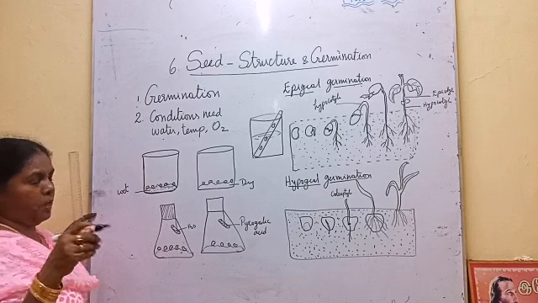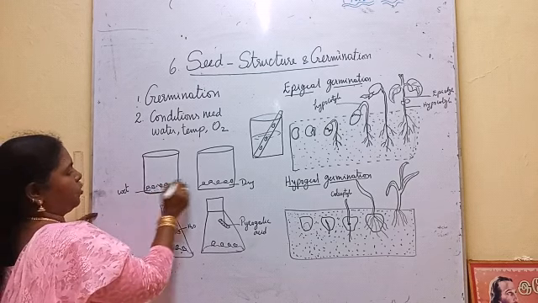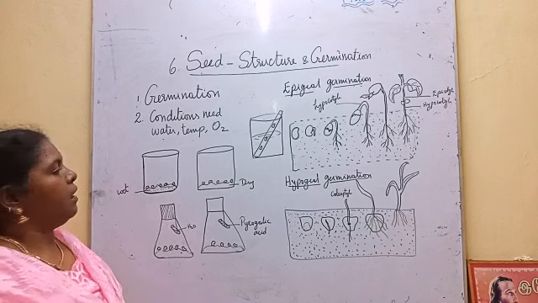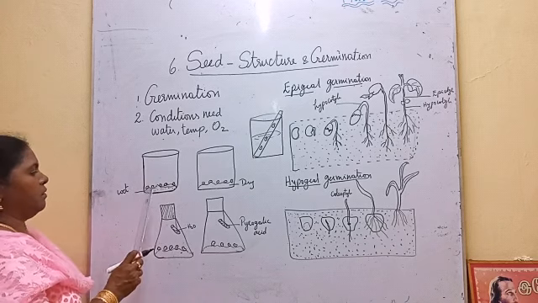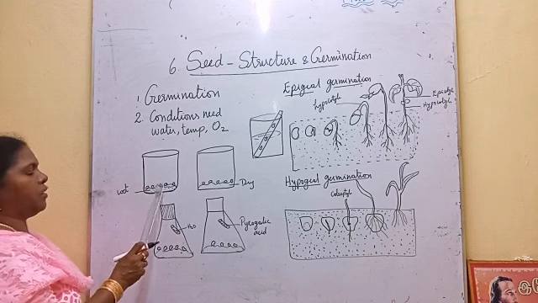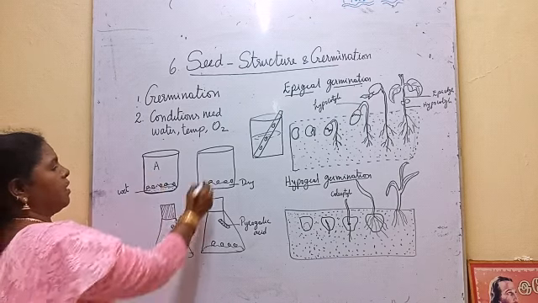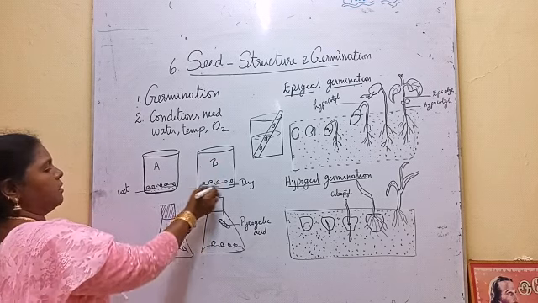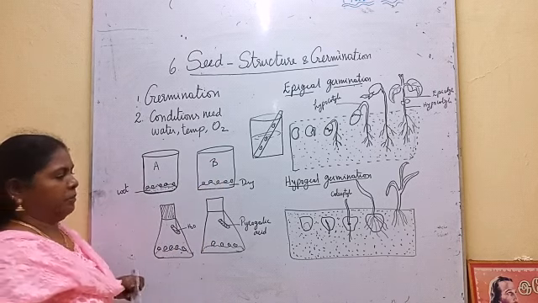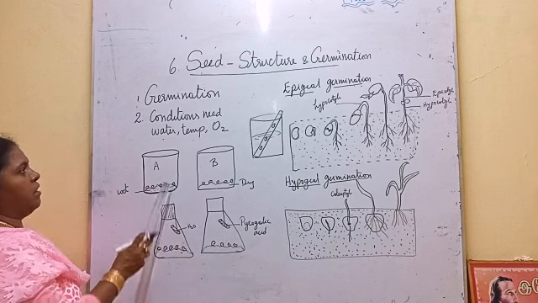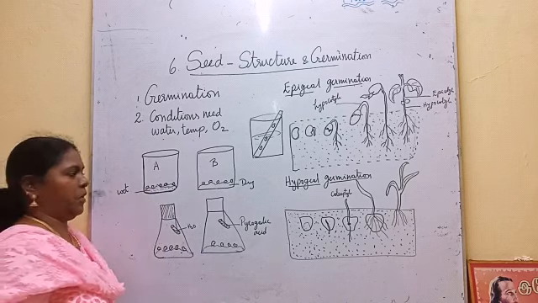Place some soaked bean seeds in both beakers and leave them at room temperature. After some time, the seeds in the wet cotton, beaker A, will germinate, and in beaker B the cotton is dry, there is no water, so the seeds will not germinate. This shows that water is necessary for germination.